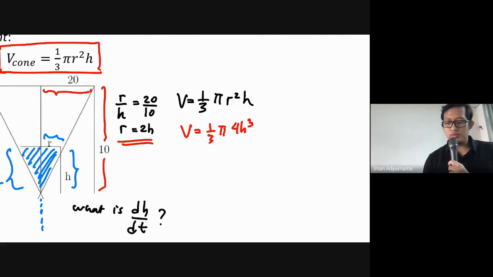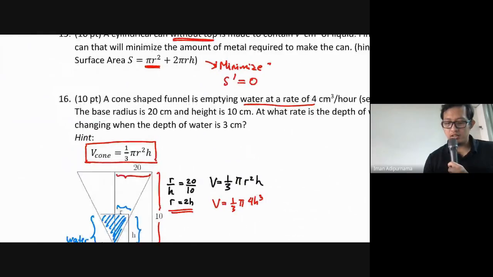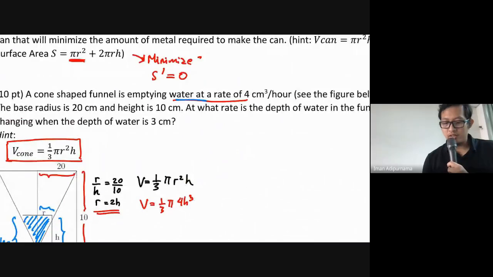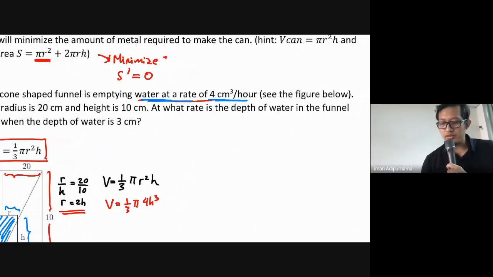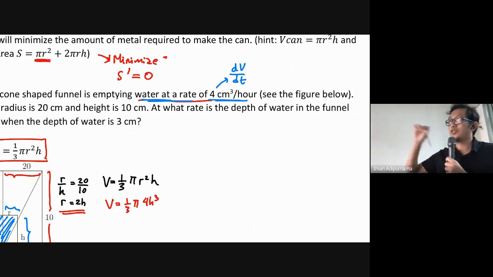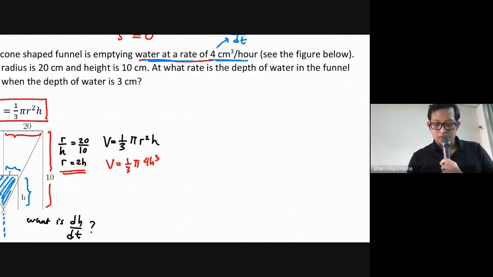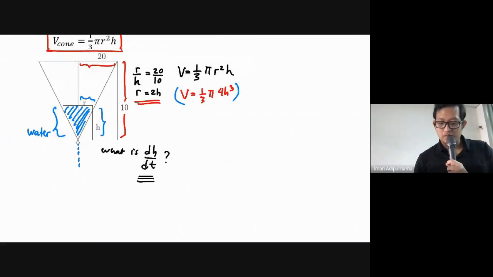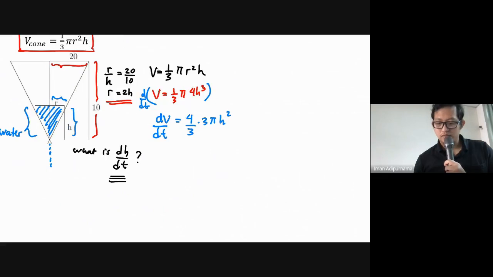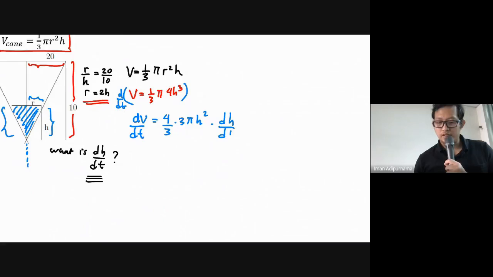Then, because we have the emptying water, we have the rate. Okay. So this 4 is the dV over dt, the total volume. So we differentiate with respect to t, we get dV dt, and then multiply with dH over dt.